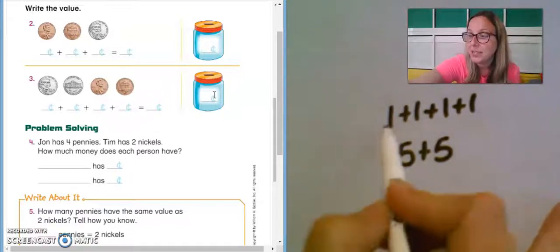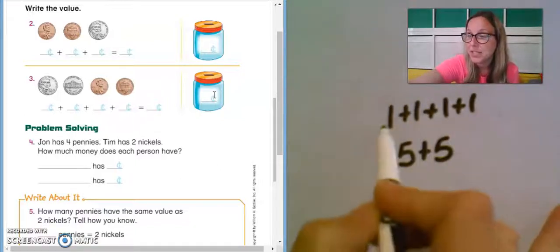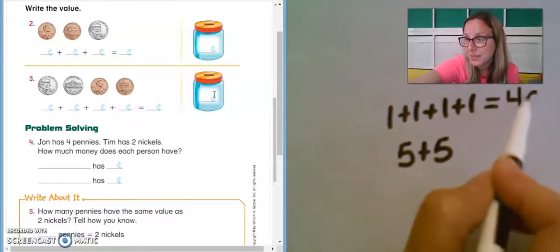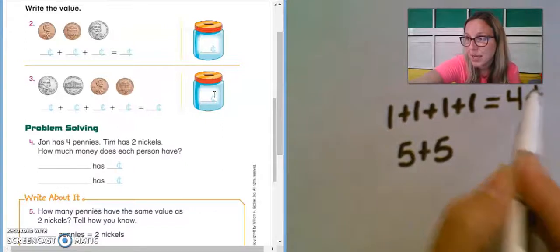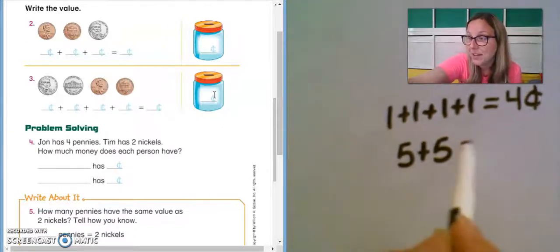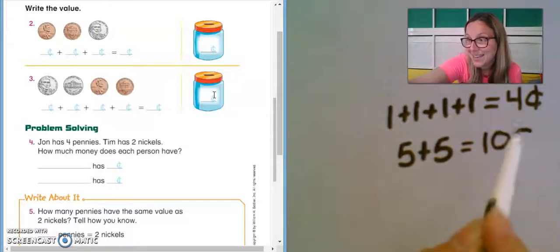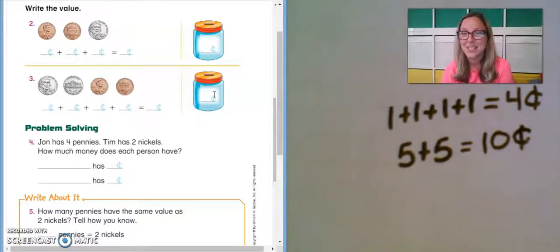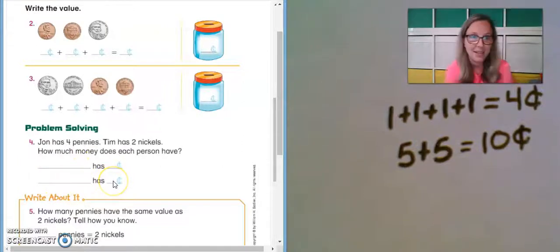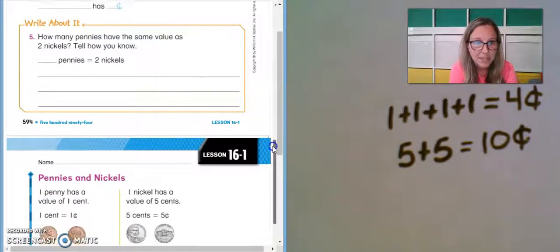Well, John has 1 plus 1 plus 1 plus 1, so he has 1, 2, 3, 4 cents. And Tim has 5 plus 5, which equals 10 cents. So John has 4 cents. Tim has 10 cents. Okay? We're going to skip this one and go on now.